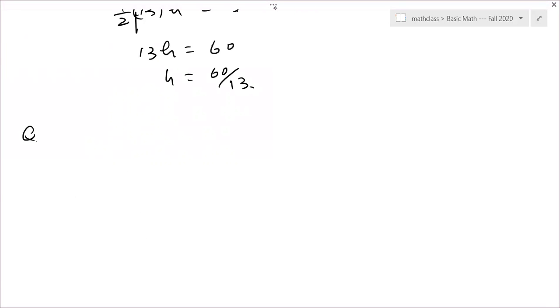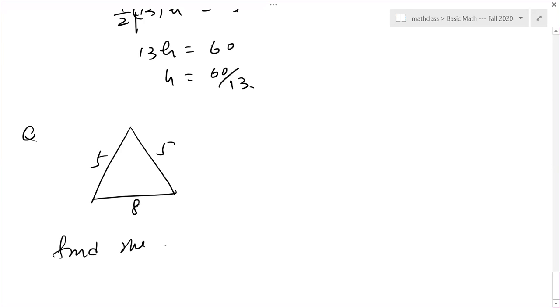Okay, let me ask you the next problem. This is an isosceles triangle, and this side is 5, this is 5, and the base is 8. Please find the area.